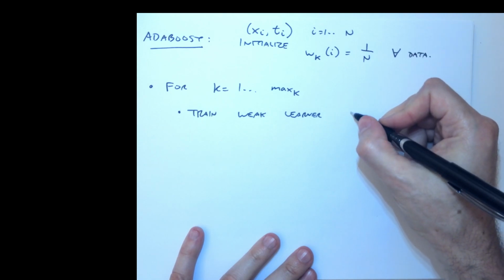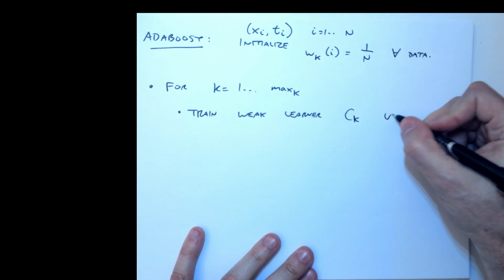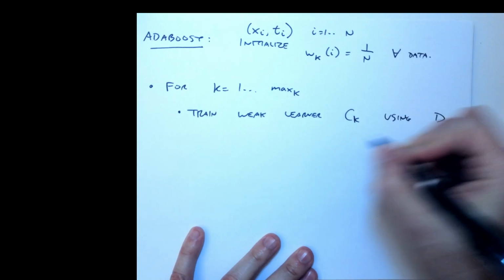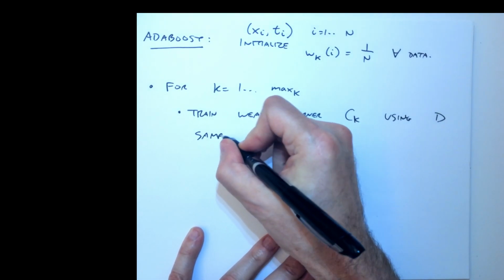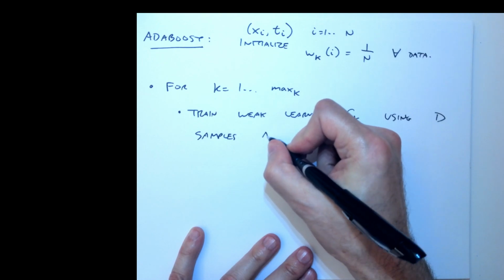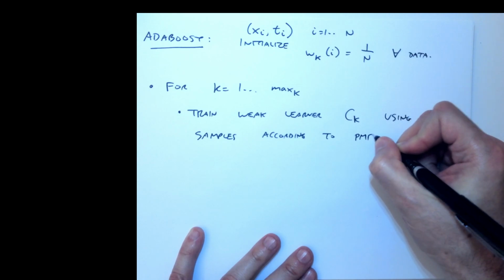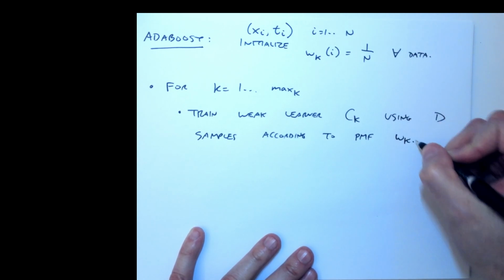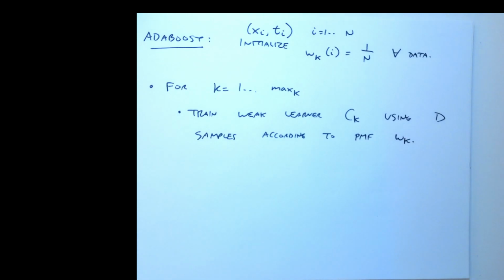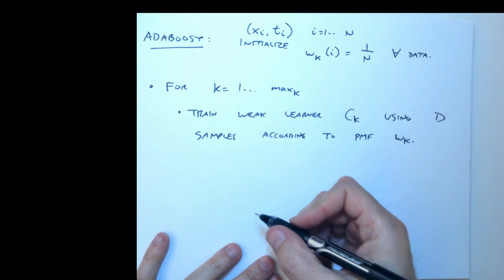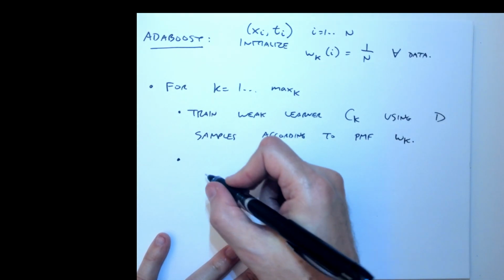So anyway, train a weak learner C_k using samples according to the PMF w_k, right? What this is saying is that w_k is the probability of picking that point in my sample, right? Initially, I have an equal probability of picking all the points equally, right?